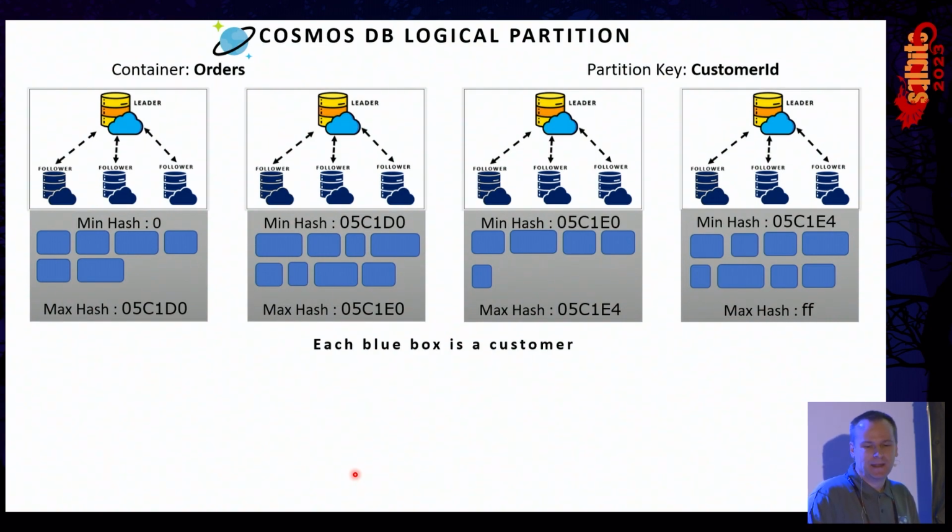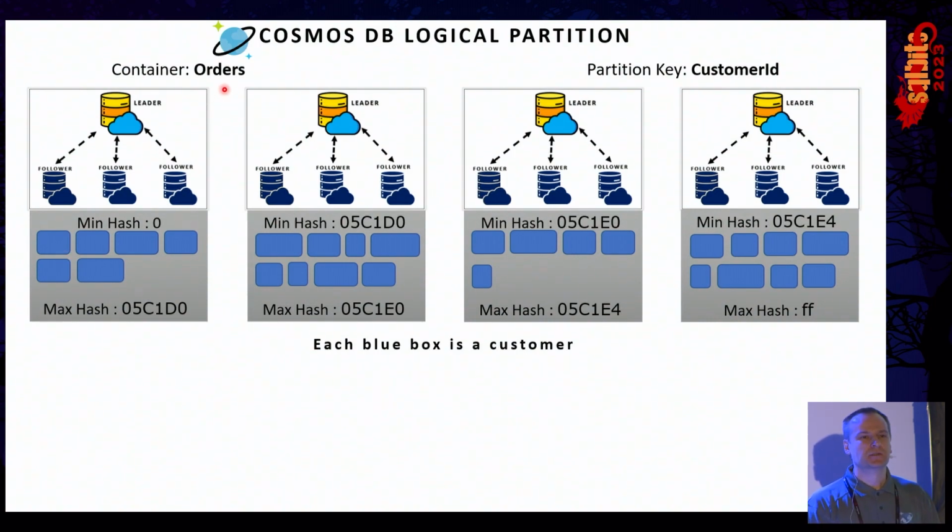By just looking at that, I'm guessing we have data between 150 to 200 gig, or this is a pretty busy application, and we have 30,000 plus request units per second. As you can see, there's a hash number in each of them, and it starts from 0 and it ends by FF. Every time you actually have a new physical partition, those hashes are getting divided, and each of them hash number might change.